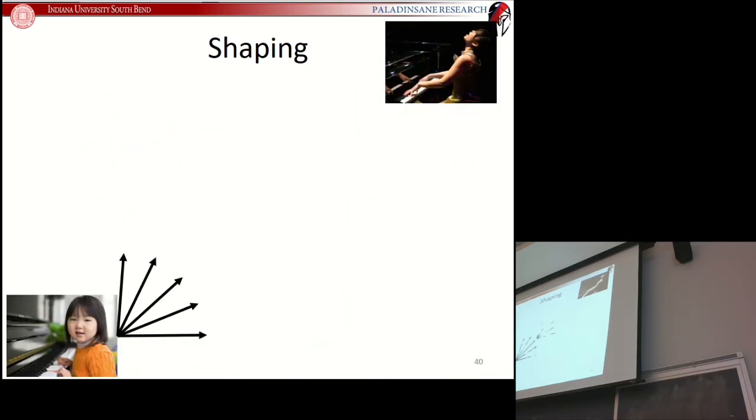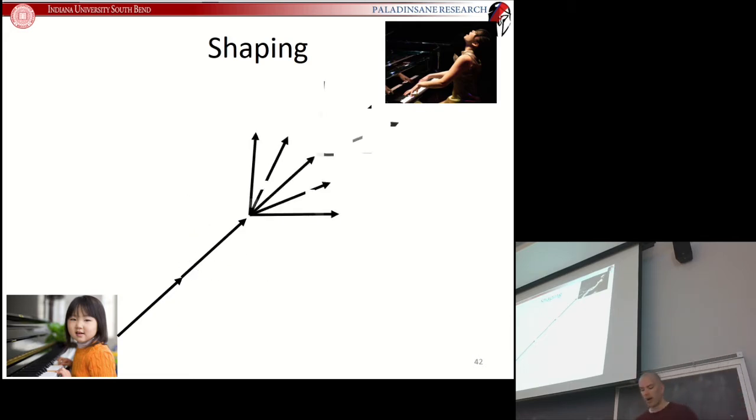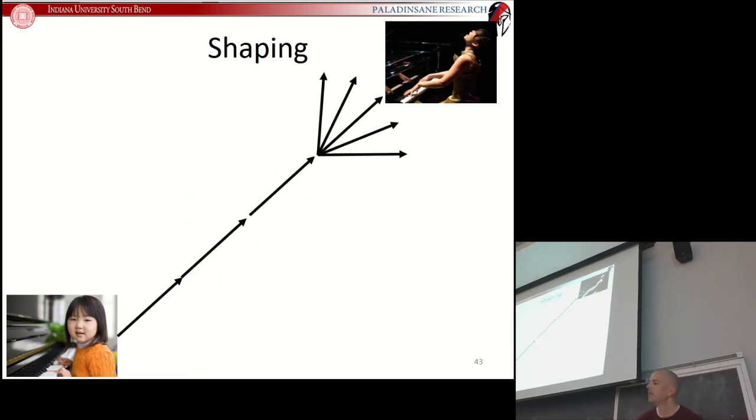You take the variability in the behavior that she has, reinforce the good behaviors, punish the bad behaviors, and then gradually bring her along through successive approximations, closer and closer to the point where she's actually playing the piano at a professional level. So we saw a similar thing with Harry.